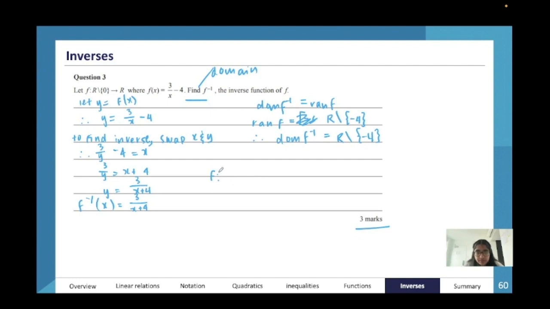F inverse: the domain is all reals except negative 4. Codomain is R, always R for methods. And then f inverse of x equals 3 on x plus 4. And that will get us the marks that we want.